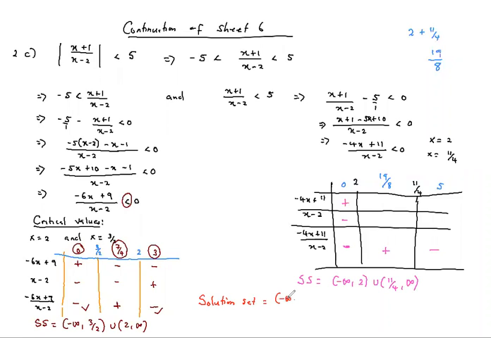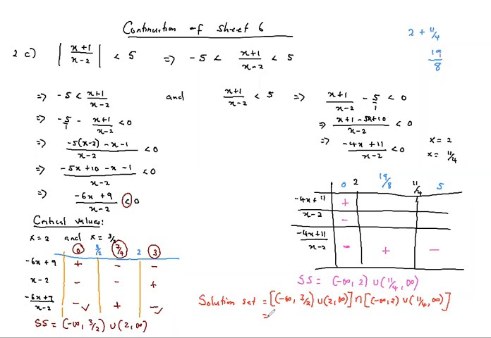So we have negative infinity, 3 over 2, this intersection, negative infinity 2 union 11 over 4, infinity.